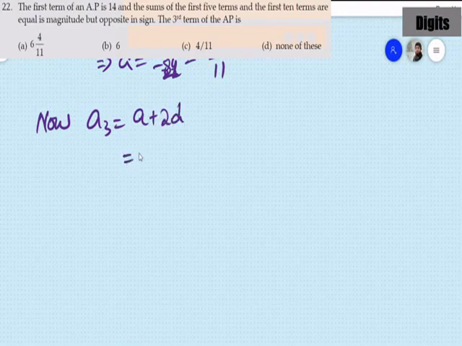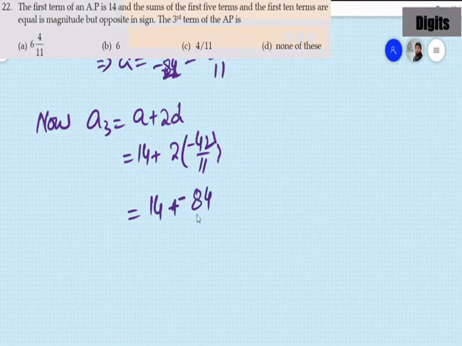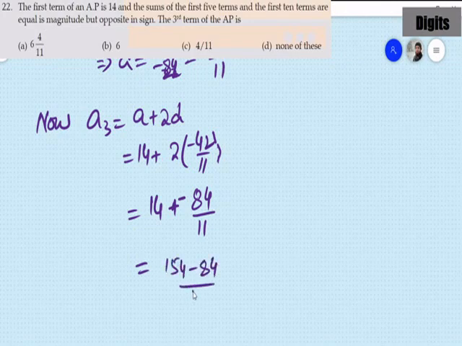Since first term is 14, it will be equal to 14 plus 2 into minus 42 divided by 11, which will be equal to 14 plus minus of 84 divided by 11. Again, 14 into 11 is 154 minus 84 divided by 11, which will be equivalent to 70 divided by 11.